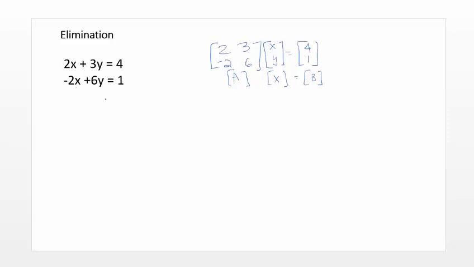For process of elimination, I personally would look at this and say, I'm just going to add these two equations up. This is a 0 plus 9y equals 5, y equals 5 over 9. I go back and substitute it into one of these equations: minus 2x plus 6 times 5 over 9 equals 1.